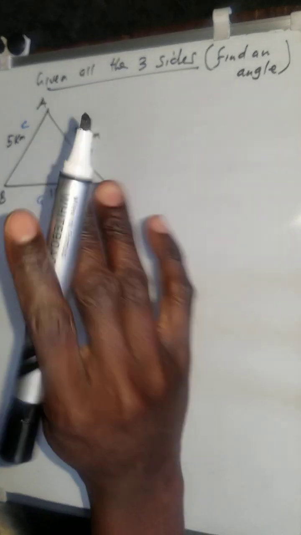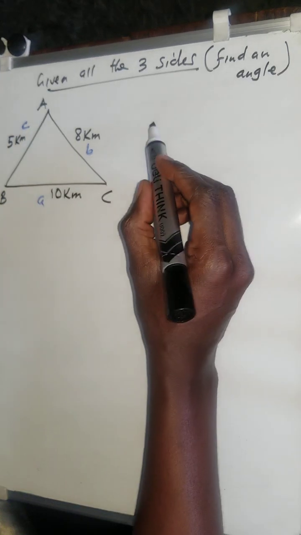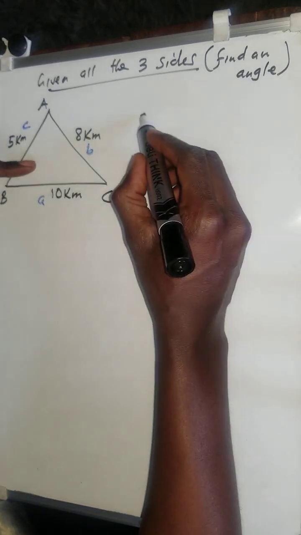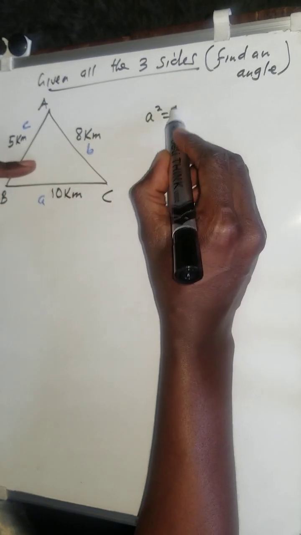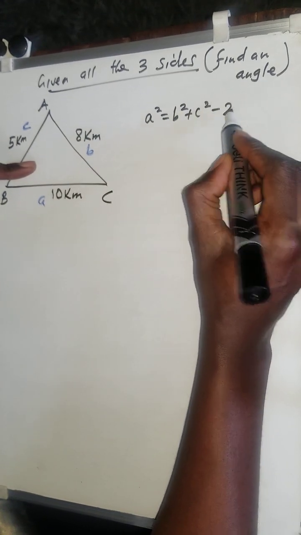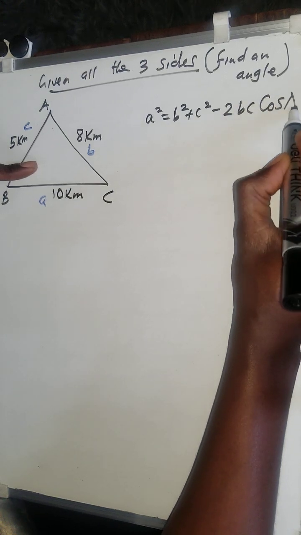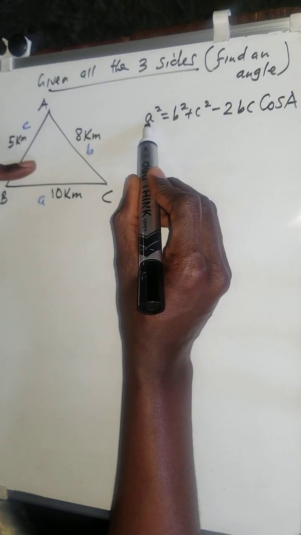So now, let me give you a simple gist. Remember what we said. For example, if I'm finding A, we did say that A squared is equal to the other sides squared, B squared plus C squared minus 2BC cos of the angle we are finding now.